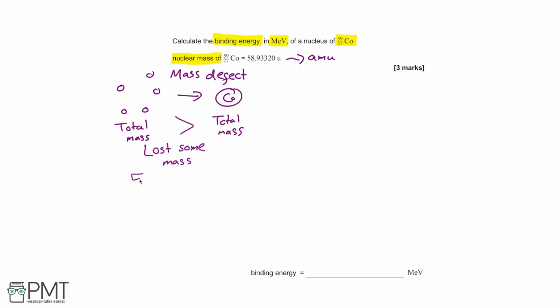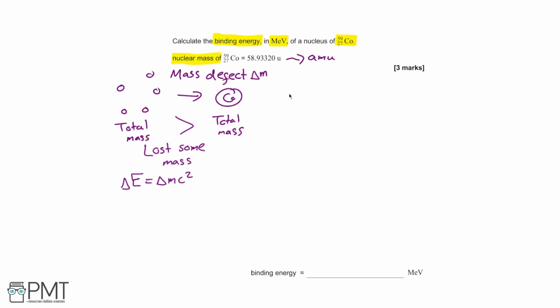This can be seen by using the equation ΔE = ΔM c², where ΔM is our mass defect, and then we just multiply by the speed of light squared in order to get the energy that it's equivalent to. This is Einstein's equation. So the energy given out is the binding energy. This is directly related to the mass defect.